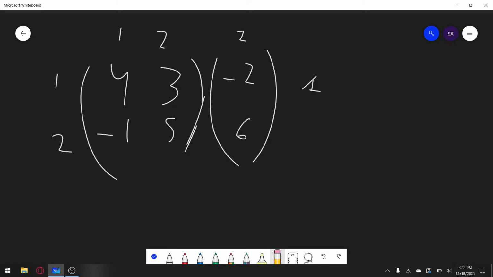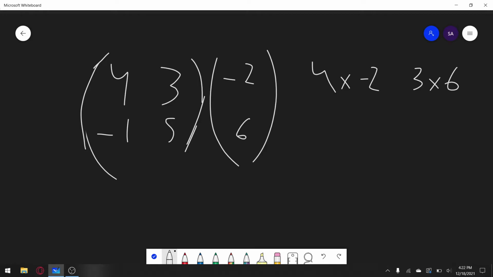Alright, you would do 4 into minus 2 and 3 into 6, minus 1 into minus 2 and 5 into 6. So the answer should have 2 rows and 1 column.